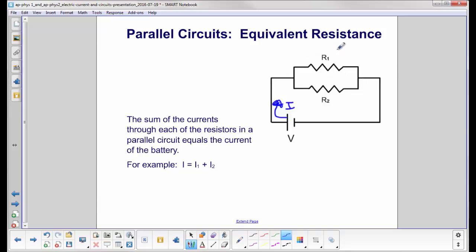So the current through this resistance, I1, and the current through this resistor, I2, have to add up to equal I. So I will split. Some of it is I1, some is I2. They'll rejoin, and then back at the other side, you're back to having the full current I. So I equals I1 plus I2 by the conservation of charge.